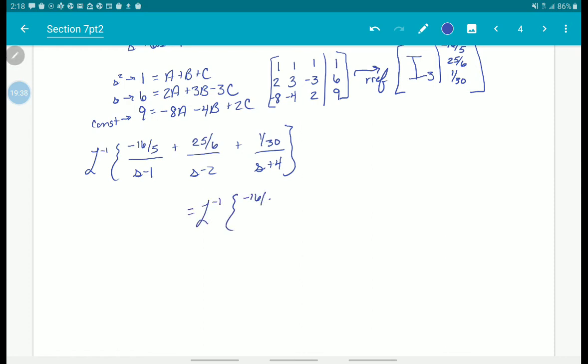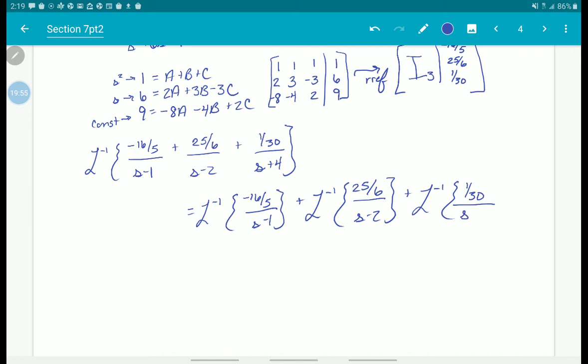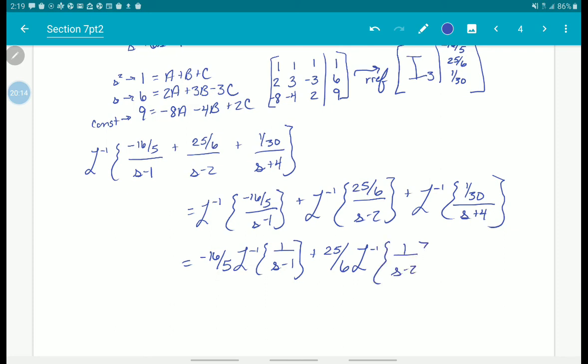We can take the inverse Laplace of each piece, and then we can pull those constants out. And that will help us see if we need to tweak.